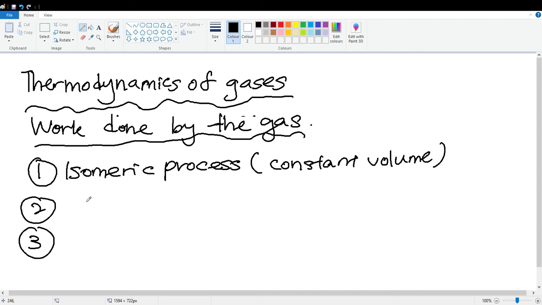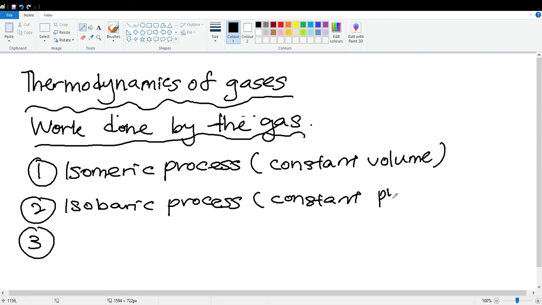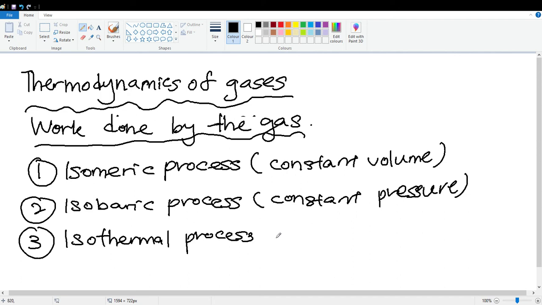As for the second condition, we have the isobaric process, which means the condition of constant pressure. As for the third condition, we have the isothermal process, which is constant temperature.